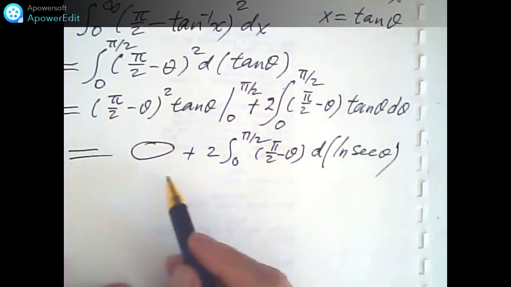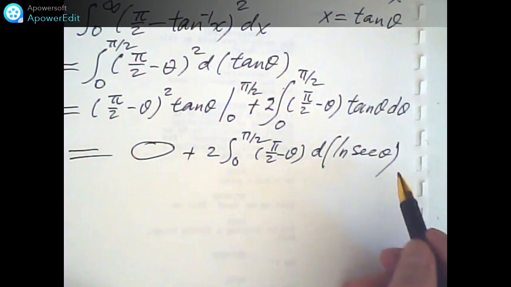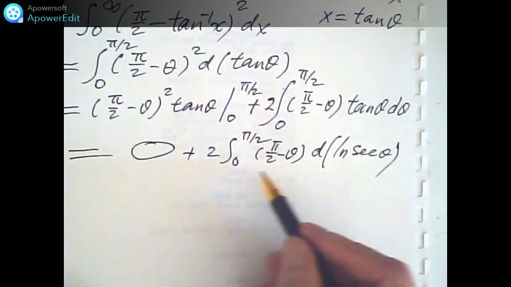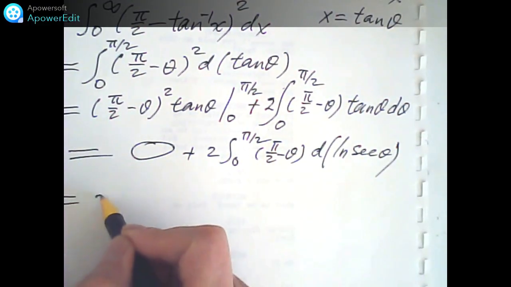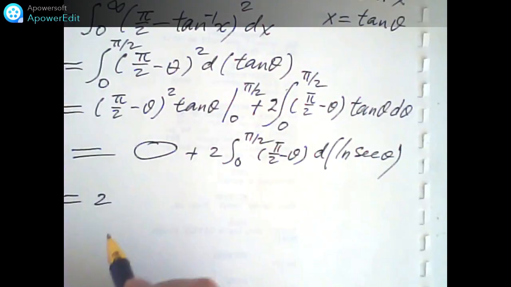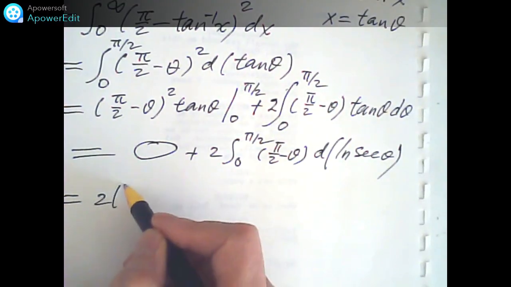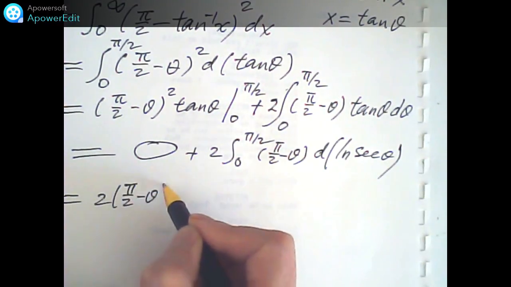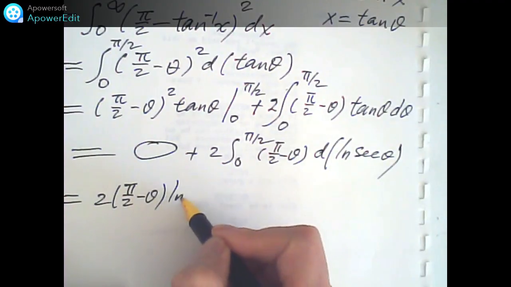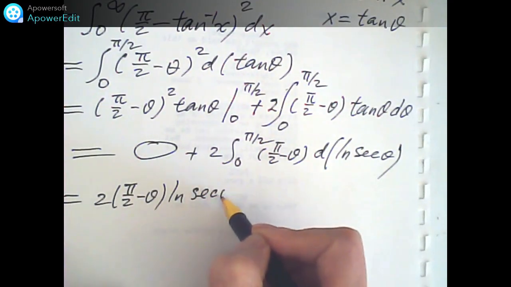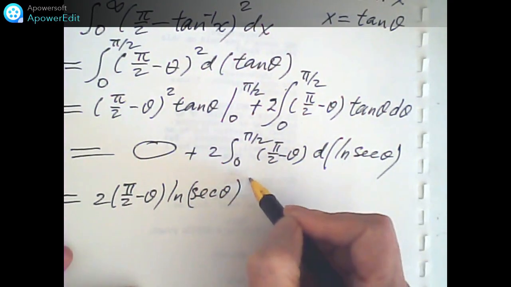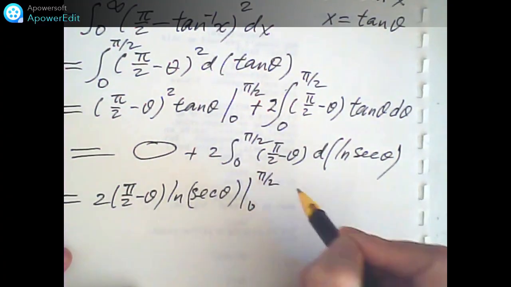Written this way, I can use integration by parts. So this is equal to 2 half pi minus theta times log secant theta, 0 to half pi.